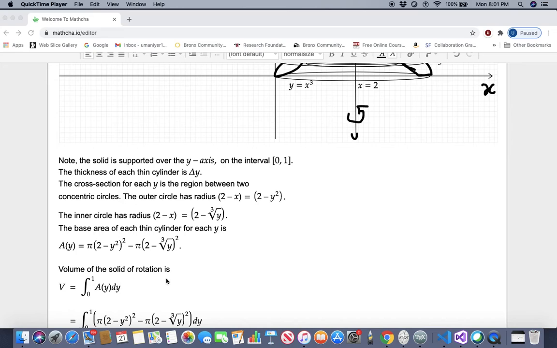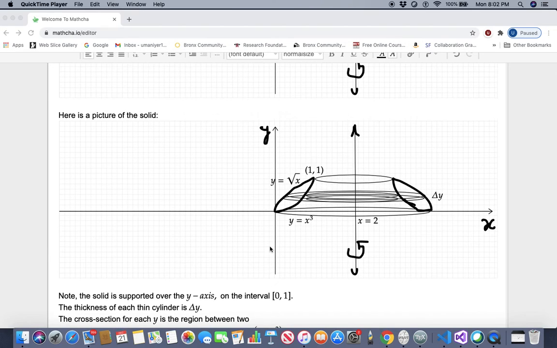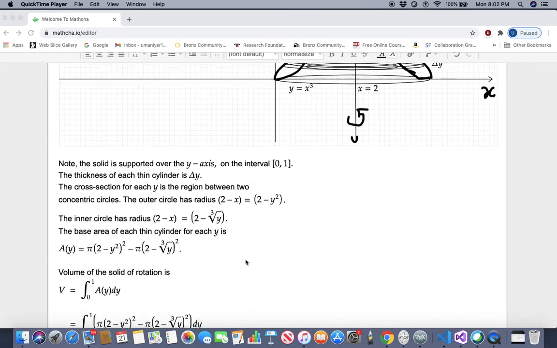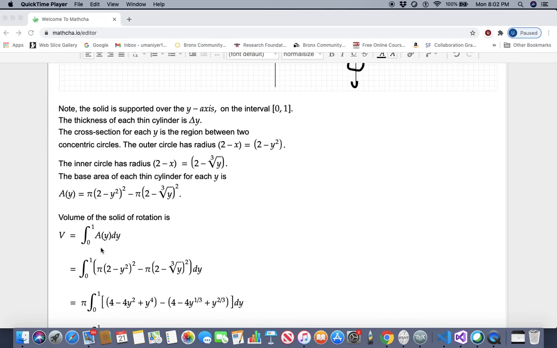So the volume of the solid will be the integral from 0 to 1 of A(y) dy. I hope it's clear, because these are horizontal cross sections going from 0 to 1. So A(y) is all of this. Notice pi is a common factor.